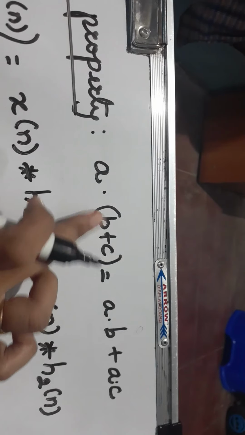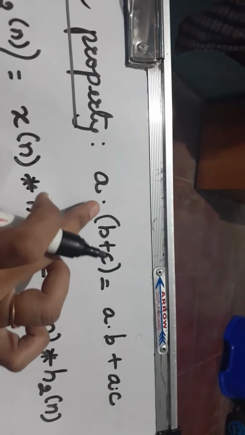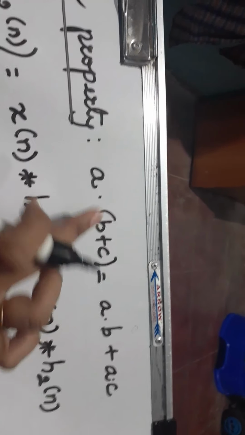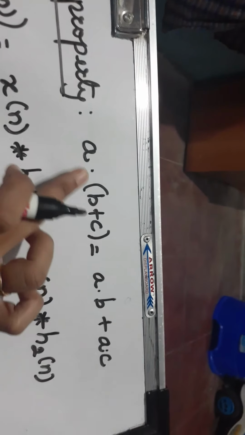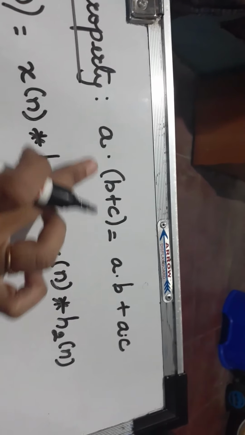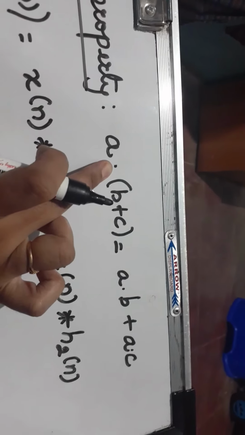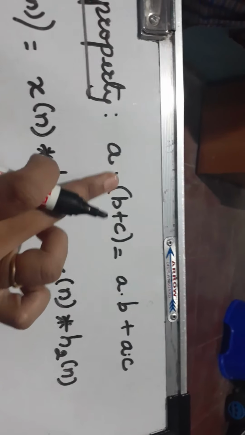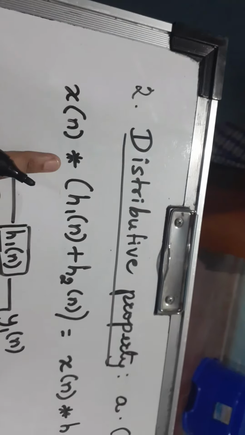Whenever you have three variables, if this is the condition a multiplied by b plus c, then you can have the distribution like this: a multiplied by b plus a multiplied by c. So the same rule we are going to apply even for convolution. Here we have used multiplication with summation. Instead of multiplication we are going to use convolution.